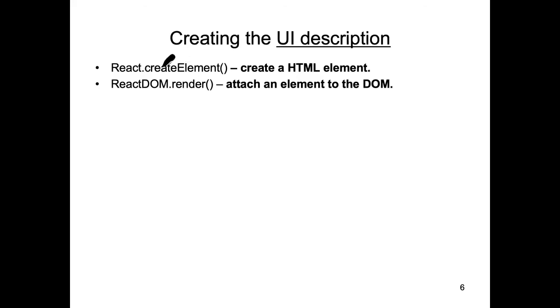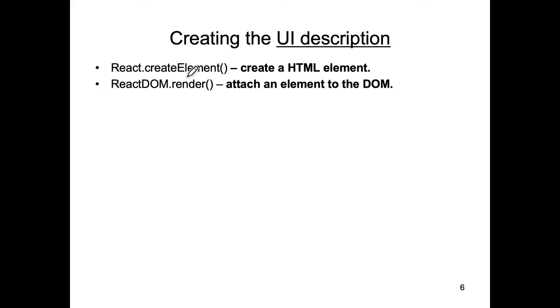Okay, that's that. The React DOM package has a method called render. And what that allows us to do is to attach an HTML element to the DOM. Now we know that the DOM, being your document object model, that internal data structure in the browser, when you manipulate the DOM in the browser, the browser will reflect that change in what it displays on the screen.